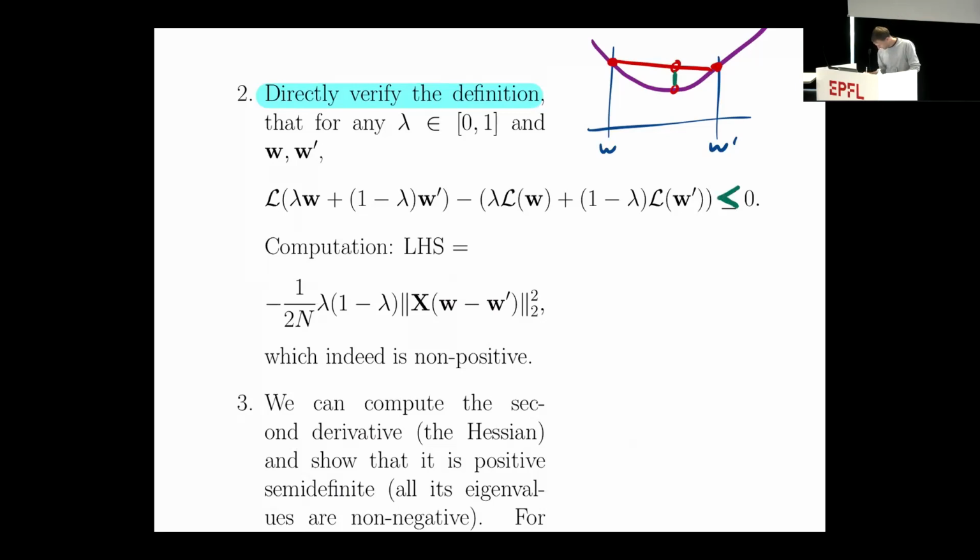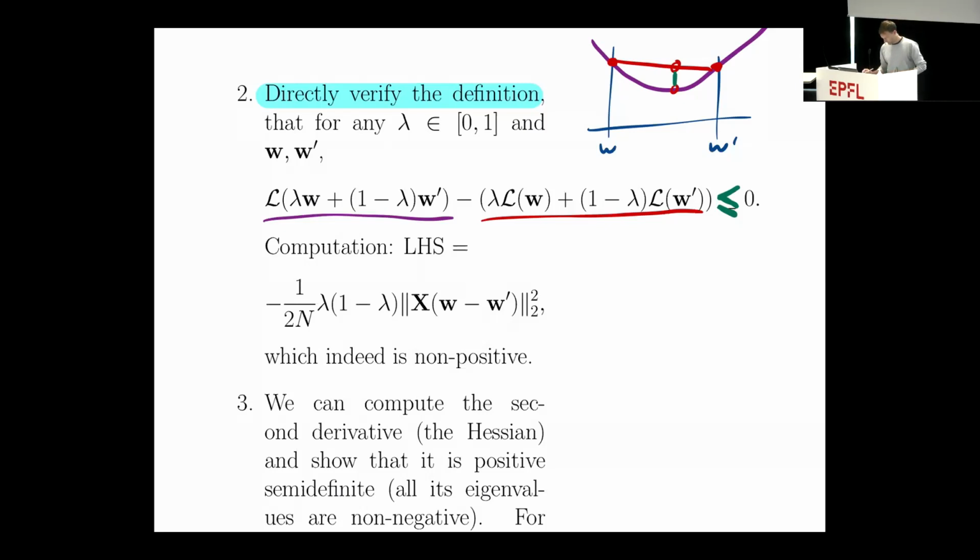So that's what it means here, to be smaller than 1, right? This is the red guy that's written here: lambda times this value and 1 minus lambda times the other value. That's the red stuff. And then this one is the purple one, which you want to be below 0.